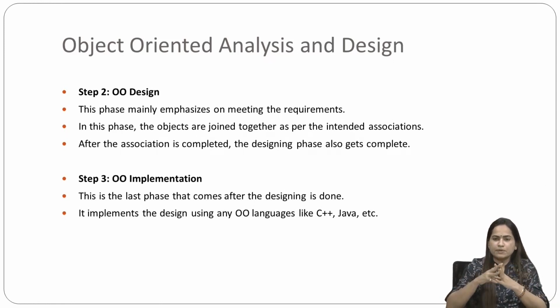In designing, whatever we have identified, we are combining it with some intention. That means according to whatever desired system we want, we have to do the interconnection of those objects. After the association is completed, the designing phase also gets completed.